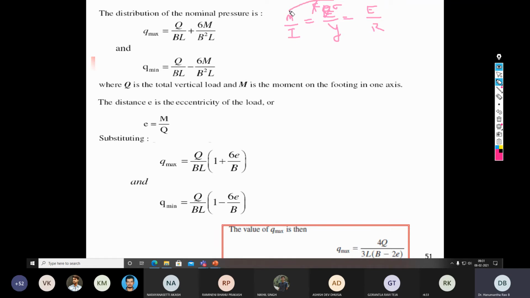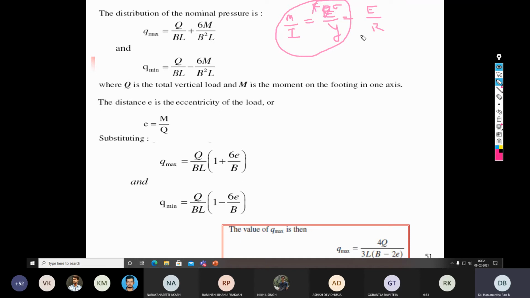If you take the first two terms, M by I is equal to sigma by Y, then you substitute all these parameters. M is a moment, which is nothing but Q times e. I is the moment of inertia; depending upon the shape of the footing, you can take BD cubed by 12 or whatever it is.